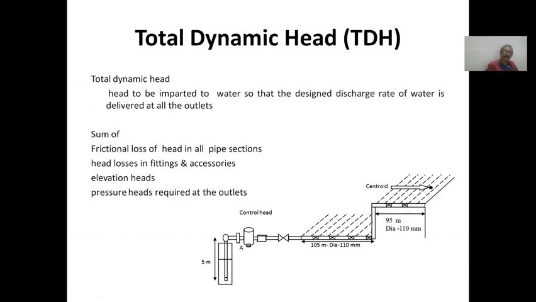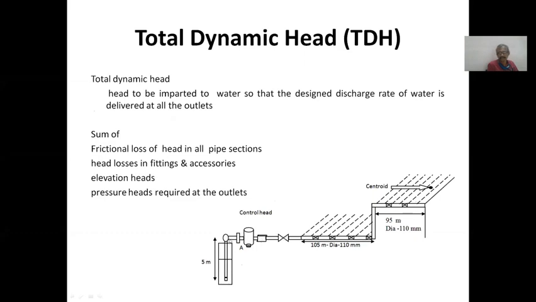It's a sum of frictional loss all along the pipes, main, submain, lateral, and the water should also pass through many fittings, fertilizer injection equipments, filters, valves.